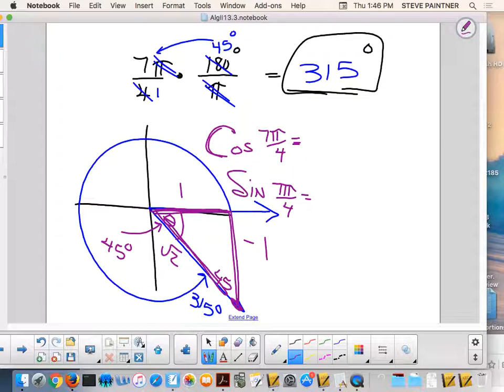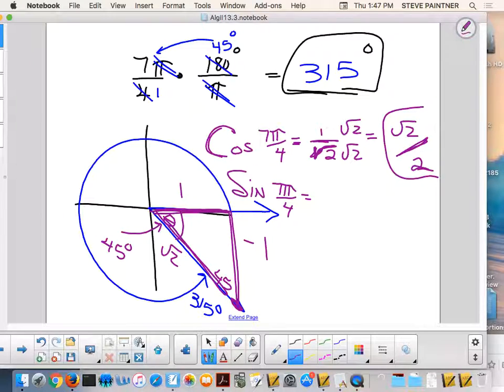Yeah, that's it. 1 over square root of 2. So there it is. But Taylor already did this in his head. He's already rationalized it to get what? Square root of 2 over 2. Yeah.